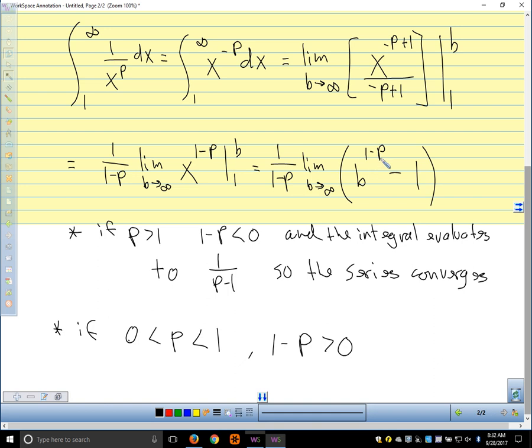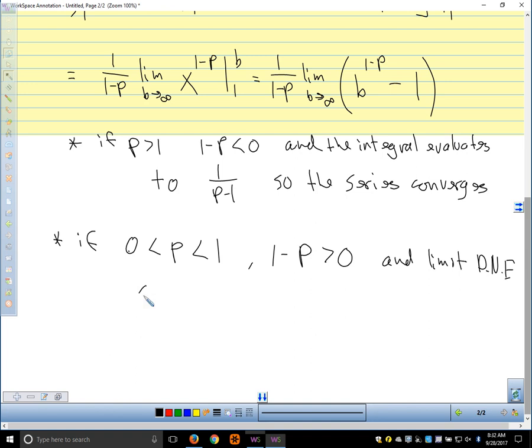So then we have the limit as b approaches infinity of b to some positive exponent. That limit doesn't exist, so I'm going to say DNE. So the series diverges.